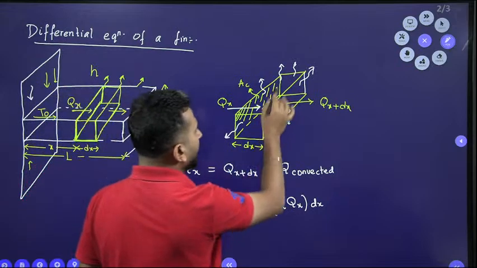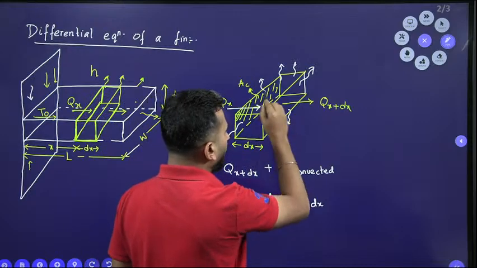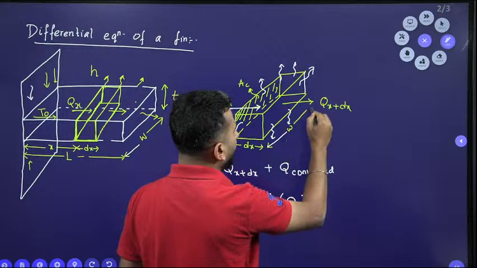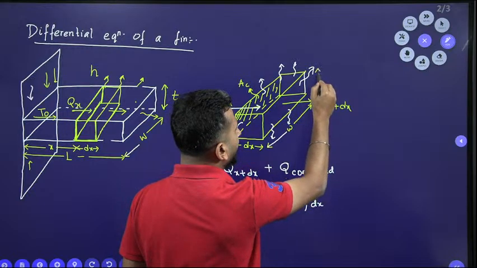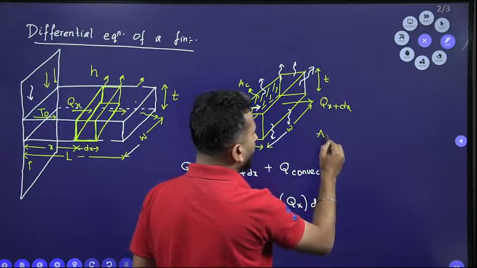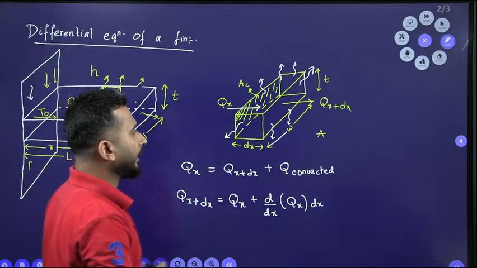What about the convection? Convection is taking place from 4 surfaces, from 4 faces I should say. The width is W and the thickness is T. So what is the area of convection? Because then I will be applying Newton's law of cooling.